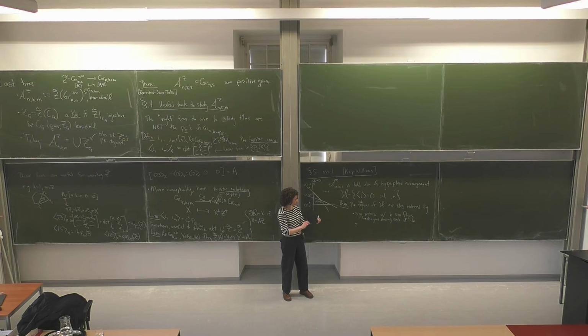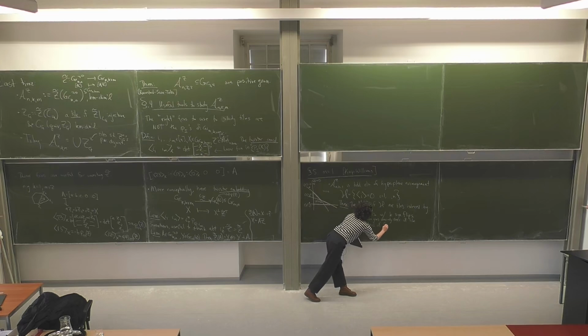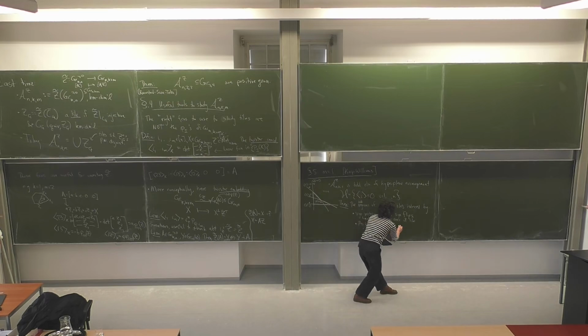So if you want the cells, or the plabic graphs for the cells, what you do instead is you index by partitions of 1 through n into disjoint subintervals.